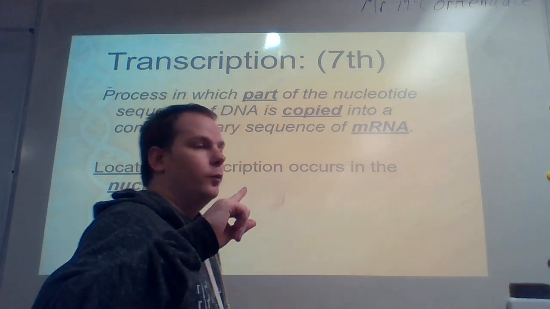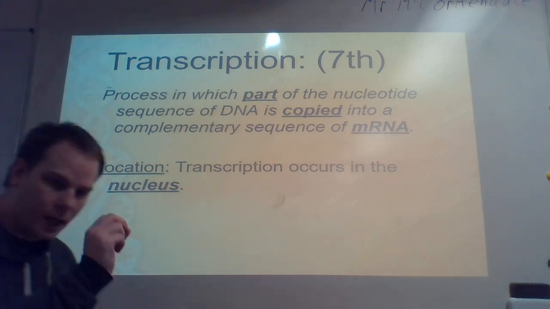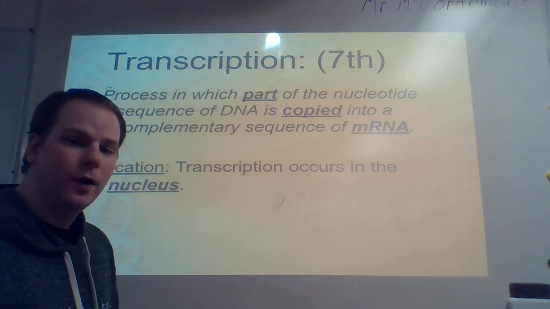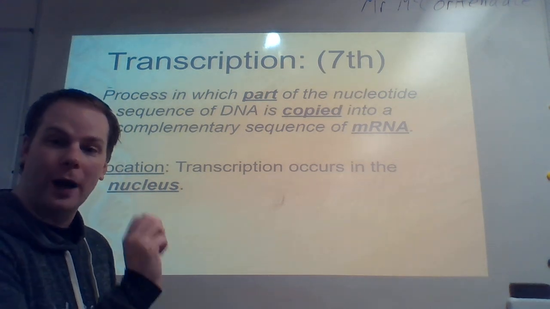So we're going to start with transcription. This is assuming you've already watched both of those Amoeba Sisters videos that were linked in the last video. Transcription is the part where you are actually scribing, writing out the RNA, writing out the message. That's scribing. Scribes write.